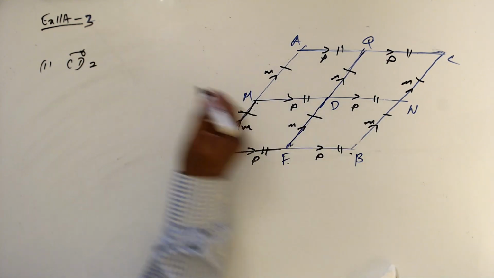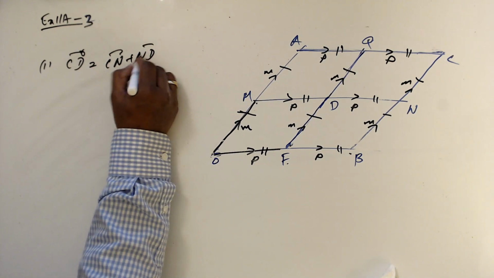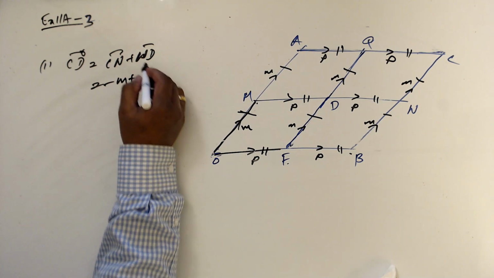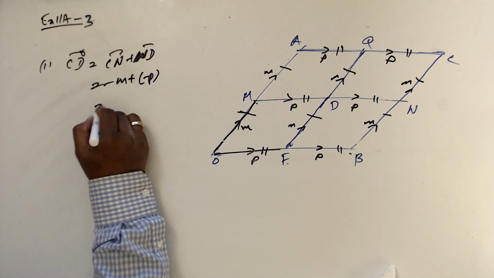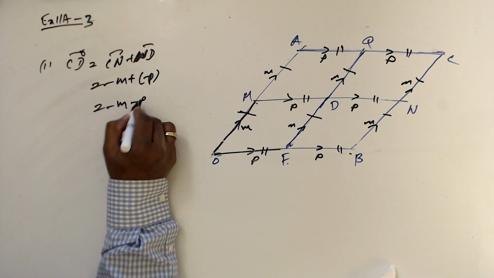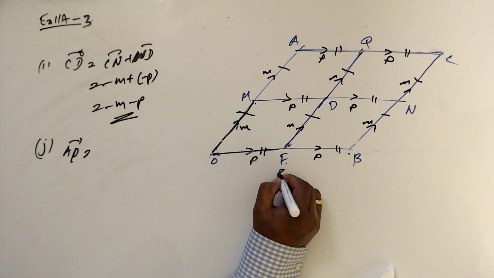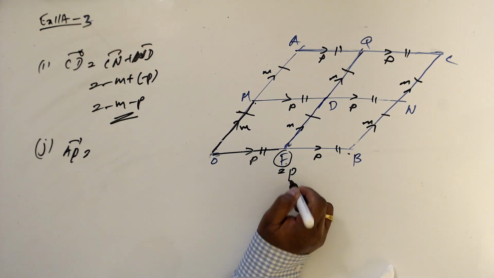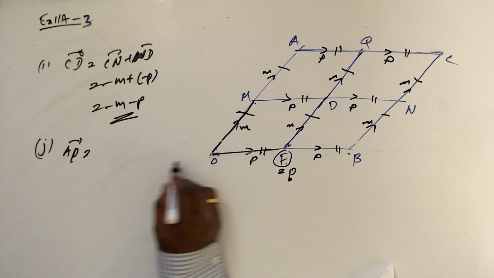CD you can write CN plus ND. So CN means minus M and ND means minus P. So that is minus M minus P. I think this is P. Now I need to find AP.